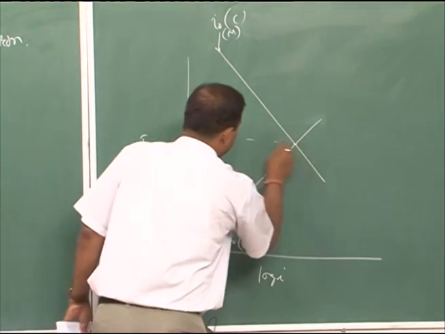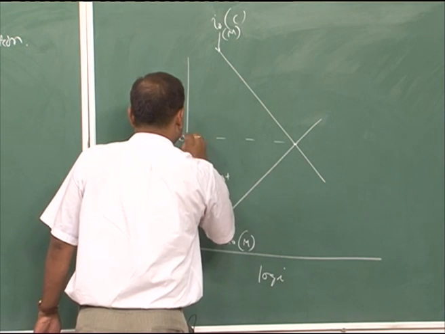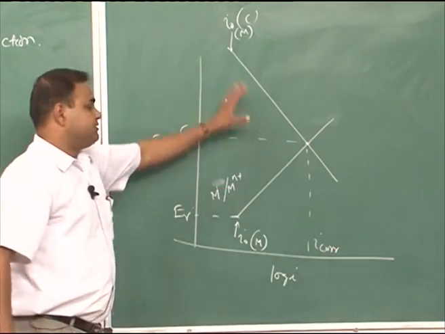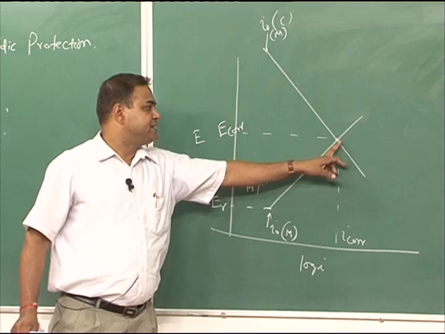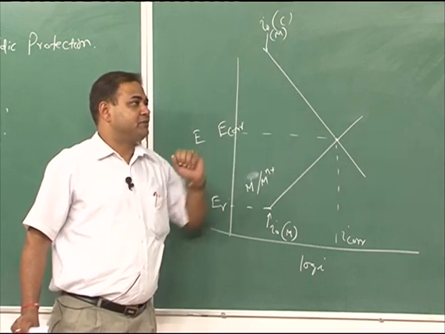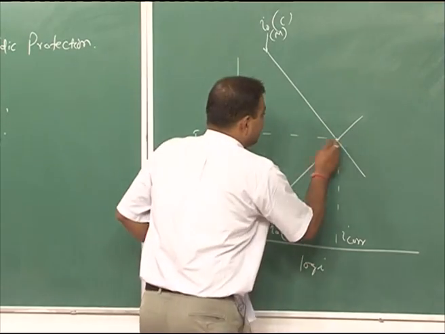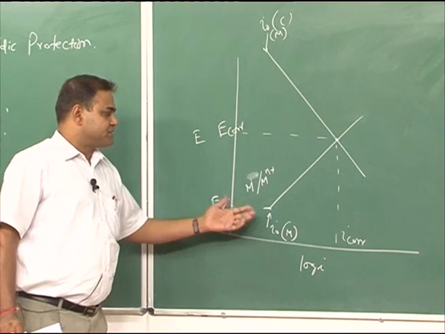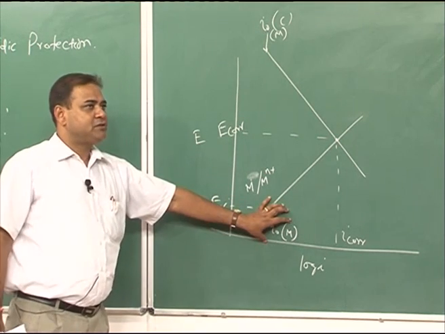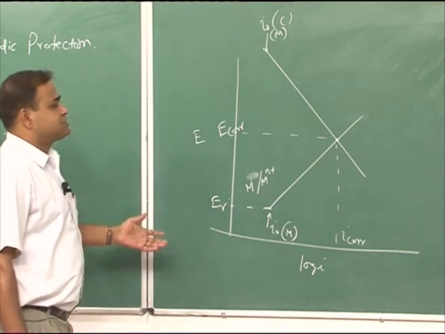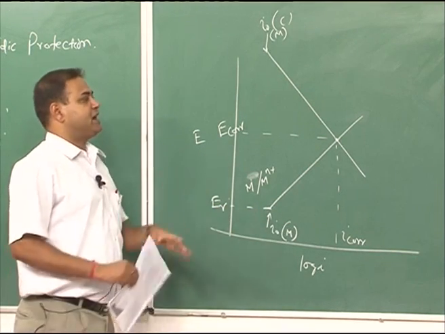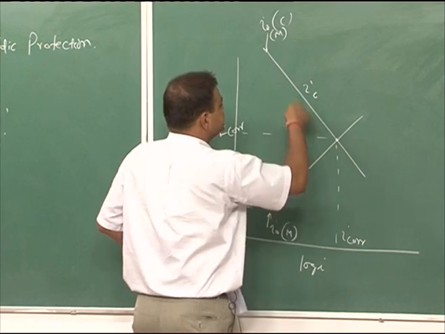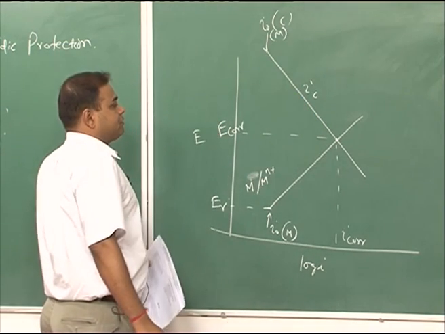Now, this is my free corrosion potential, E corr, and this is my I corr. If we keep it like this, the system will corrode maintaining this current density at a particular temperature and pressure. Now, if we would like to introduce cathodic protection, we have to supply electrons to the system, or introduce negative current, IC, which is the cathodic current density during the cathodic polarization of a particular cathodic reaction.